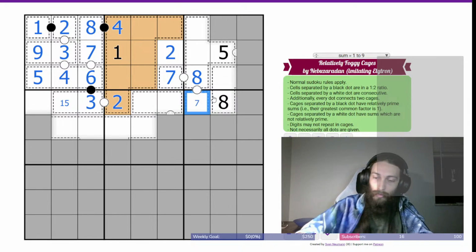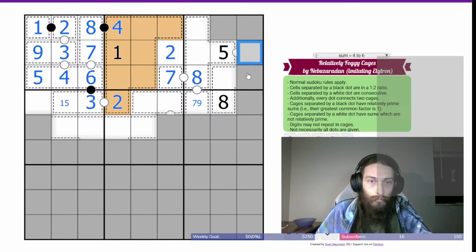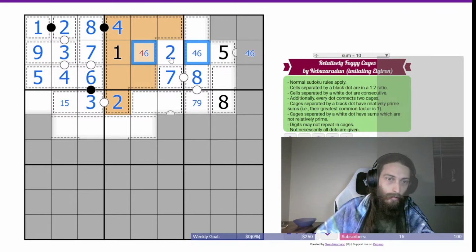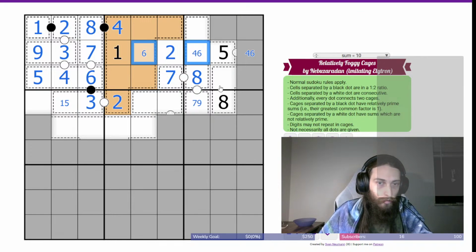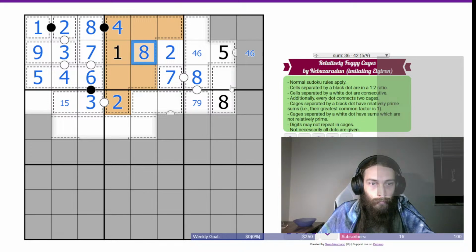Oh, well, this is 7 or 9. And across the white from the 5 is 4 or 6. Right. 4, 6, and what's the last digit in the row? An 8? It is. Yeah. And we've got 8s there and there, so that's an 8.